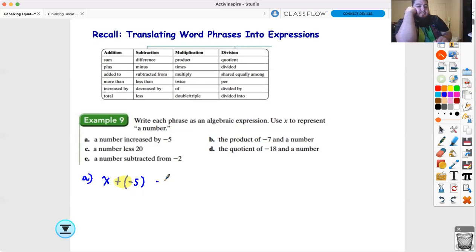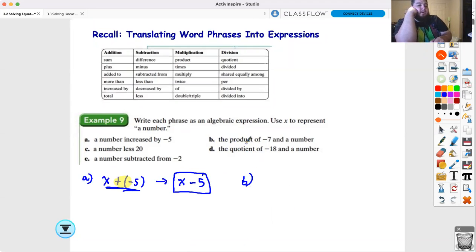Adding negative numbers is the same thing as what operation? Subtraction. We're just subtracting this. So A is actually going to be resolved to this. Could you leave this? You could, but it could be confusing for others. So I like to simplify. I think simplifying is courteous.